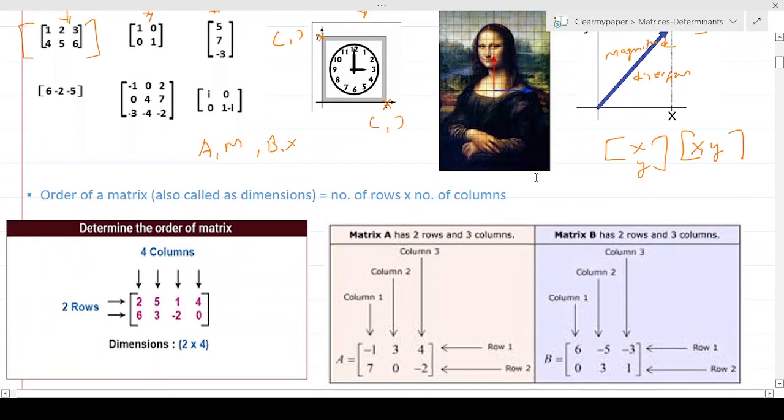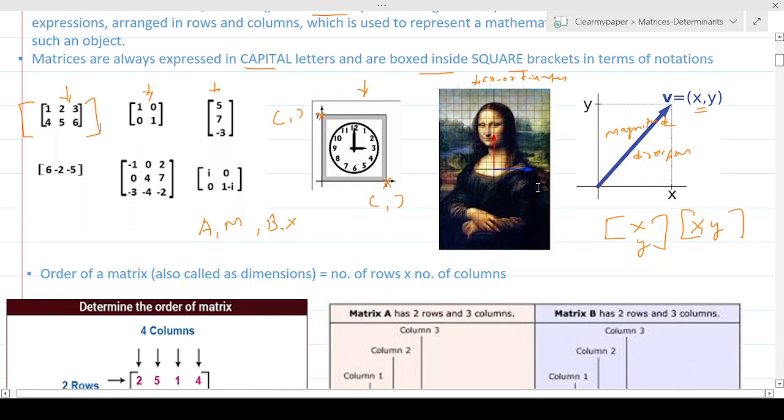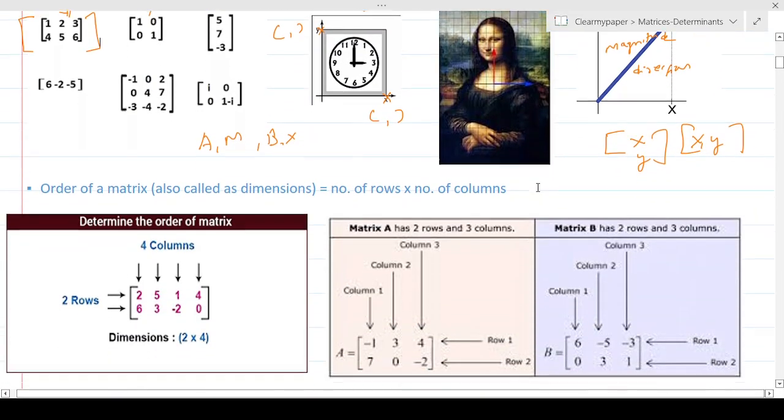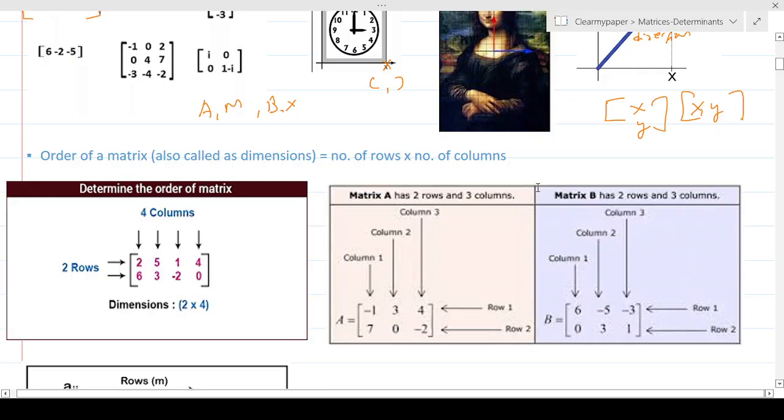And what are the bare minimum terms you need to know about matrices? There's something called the order of the matrix, which tells you how many rows and how many columns the matrix has. For example, anything in the X direction is a row.